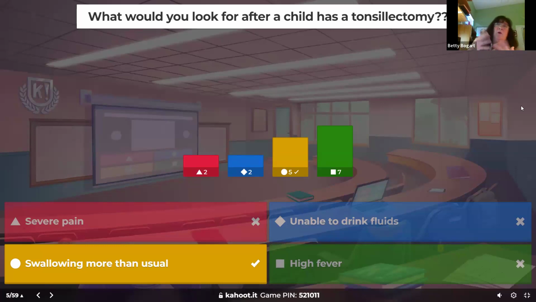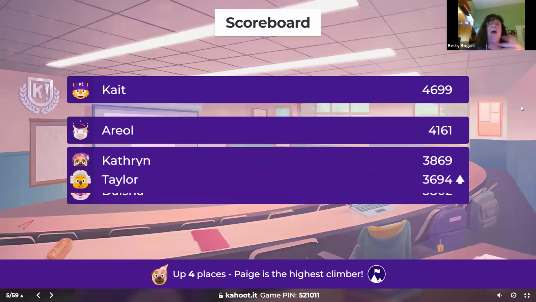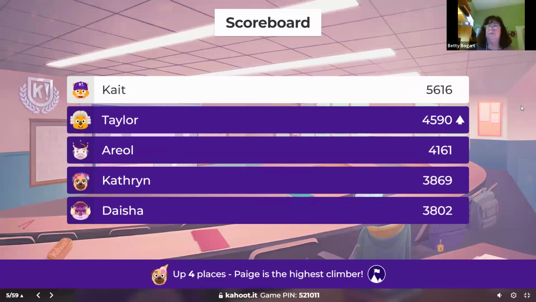That's why when they're waking up, I said you put them on their side just in case so they can bleed out instead of swallowing it and aspirating it. But usually a kid who is bleeding, you'll see them swallowing. Never put a tongue depressor down there. You can open the mouth and you'll see just blood on the tongue. That's all you need to see. I've actually seen a child bleed out post tonsillectomy.